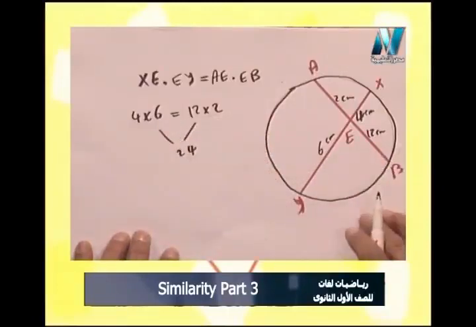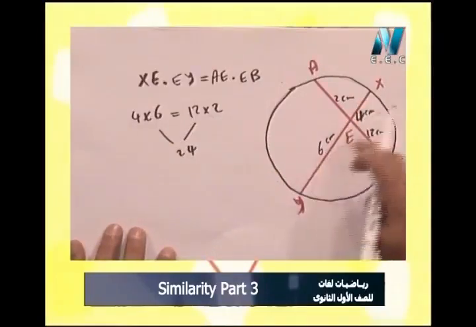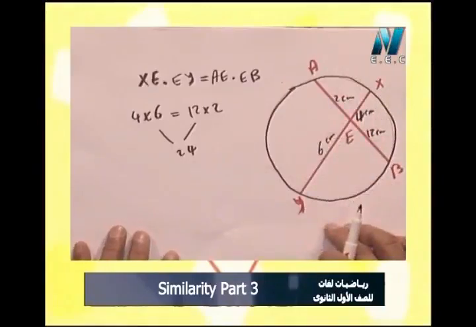Why can this relation be? Why does this part times this part equal this part times this part? It's from similarity.